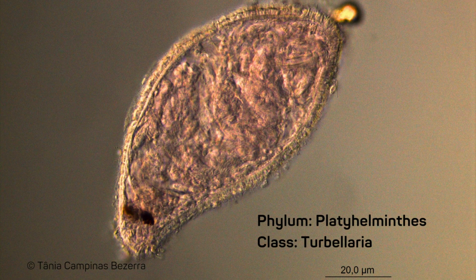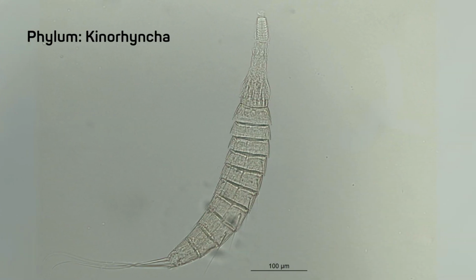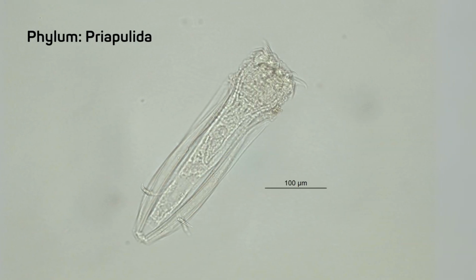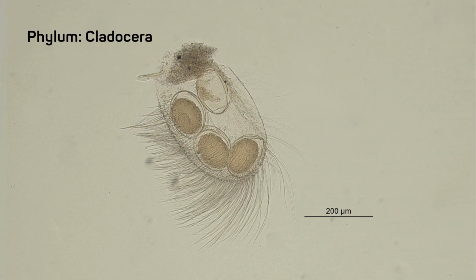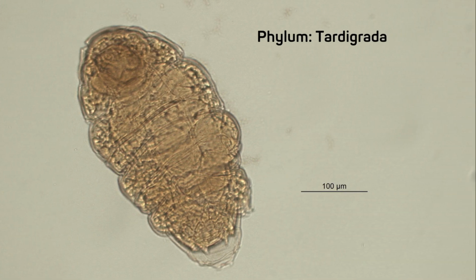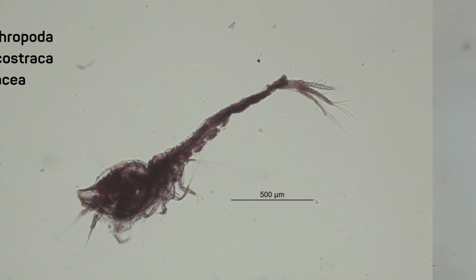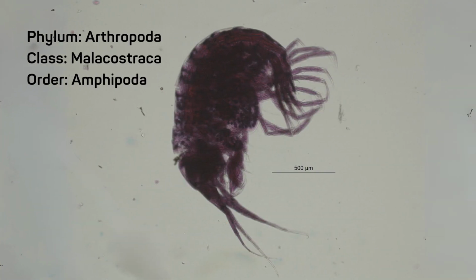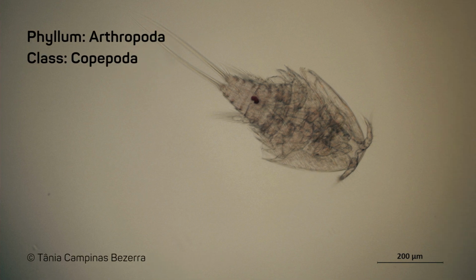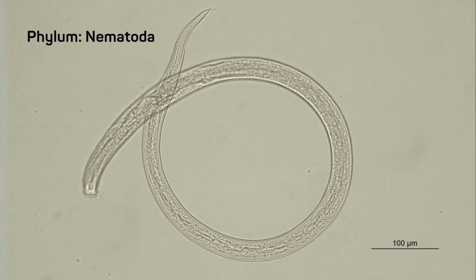These are some of the organisms that can be found in Meiofauna samples. The most common organisms are nematodes and copepods.